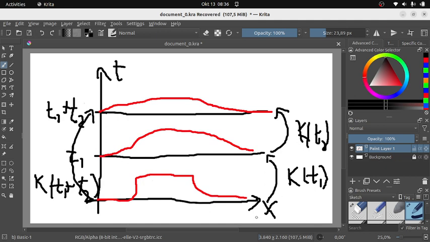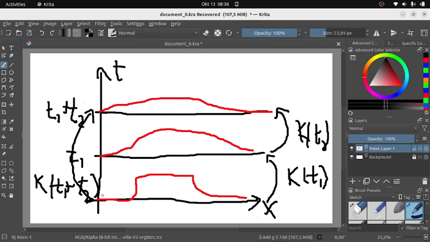If I understand the evolution this way, I need to pick f of x and do the convolution with the kernel at t1 and then later with the kernel at t2. But if I go this route, I need to take the convolution of f of x with the kernel at t1 plus t2, and this must be the same thing.